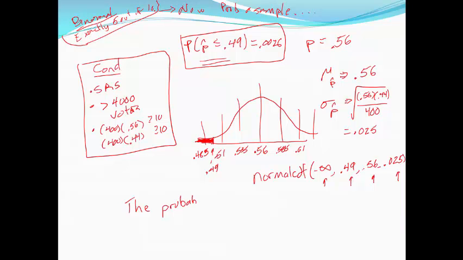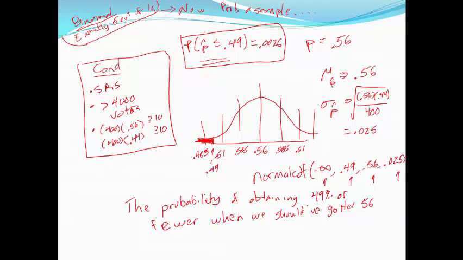The probability of obtaining 49% or fewer when we should have gotten 56% is 0.0026. So the company, or so the poll, doesn't appear to be reliable.